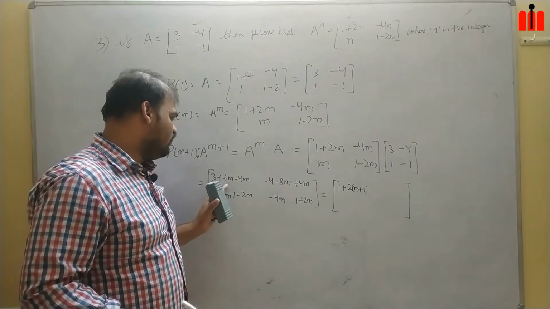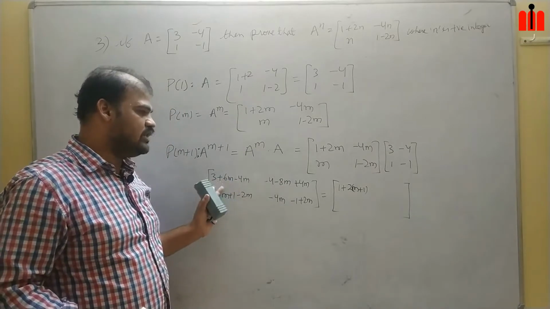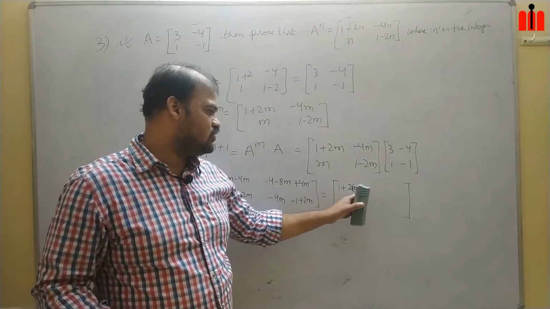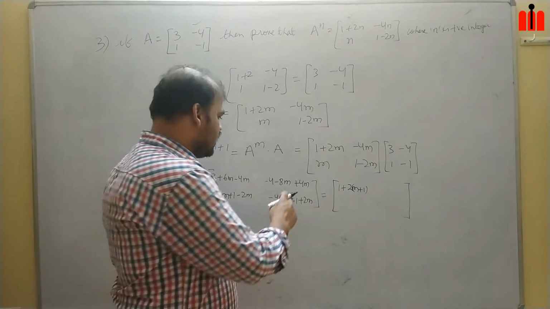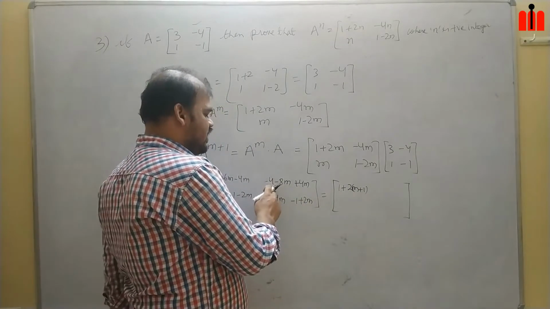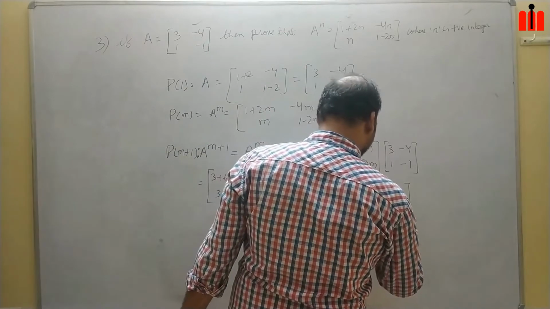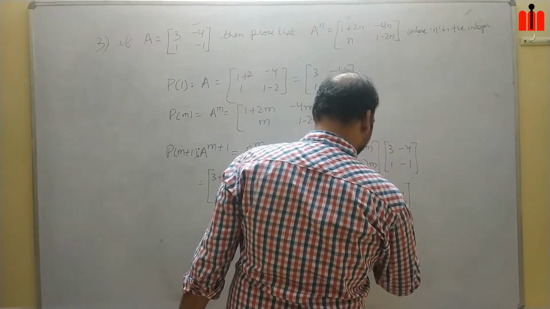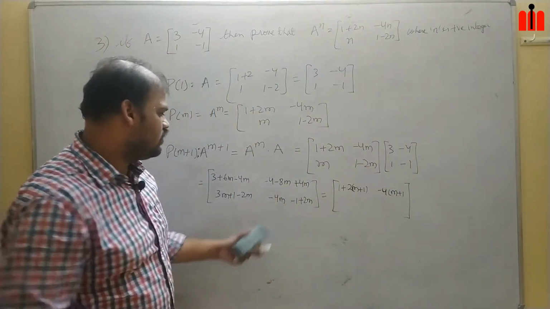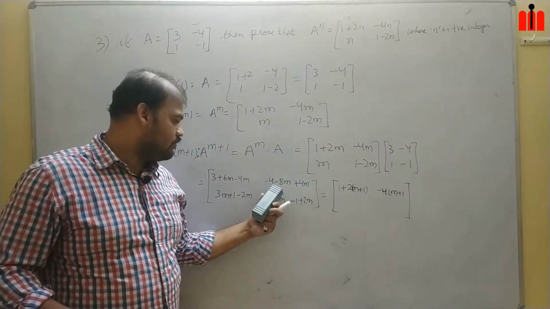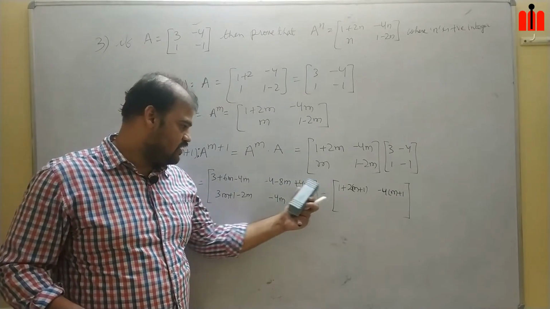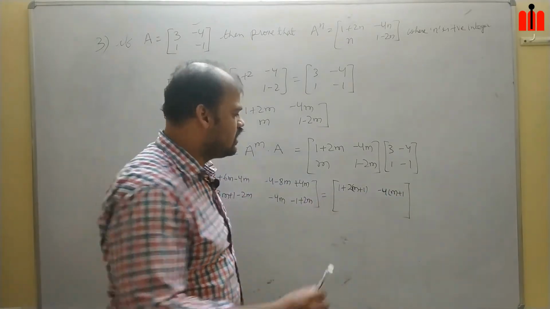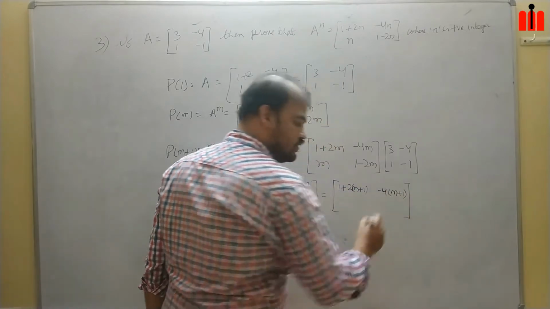So 3 plus 2m can be written as 1 plus 2 into m plus 1. Here it is minus 4m minus 4. So you take minus 4 common, then you will get minus 4 into m plus 1.